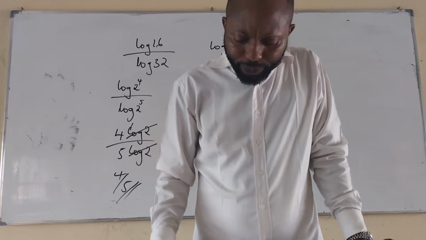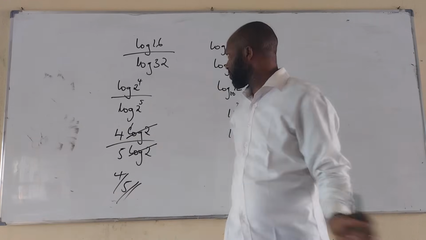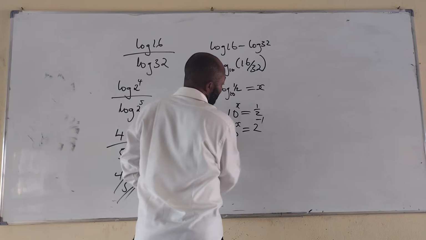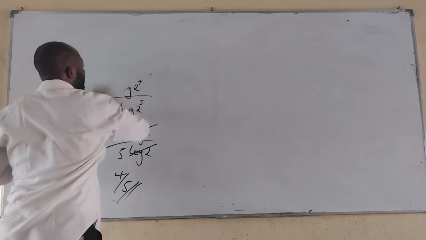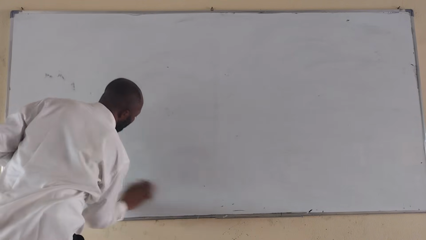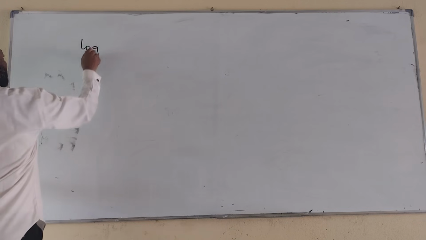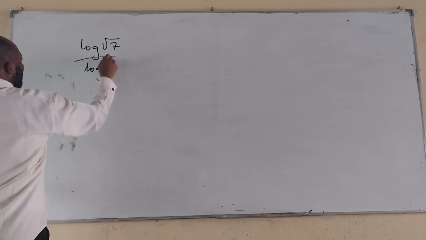Let's take another example. We have log root 7 over log 7.